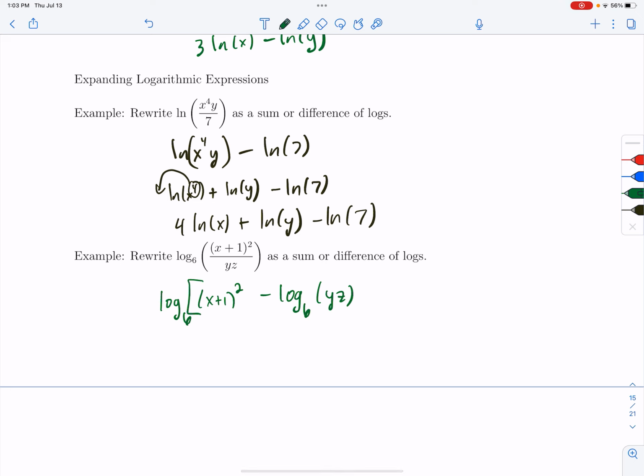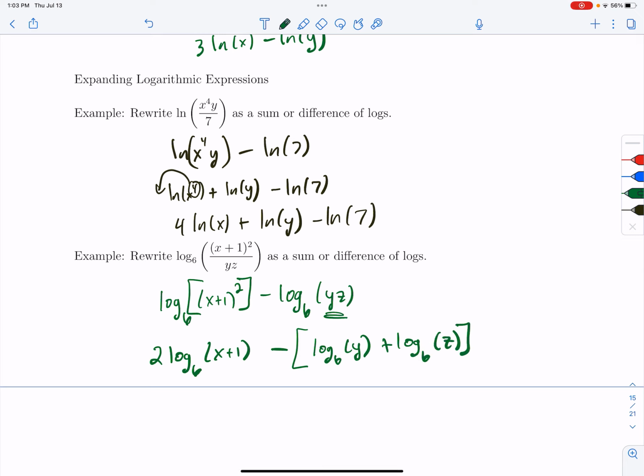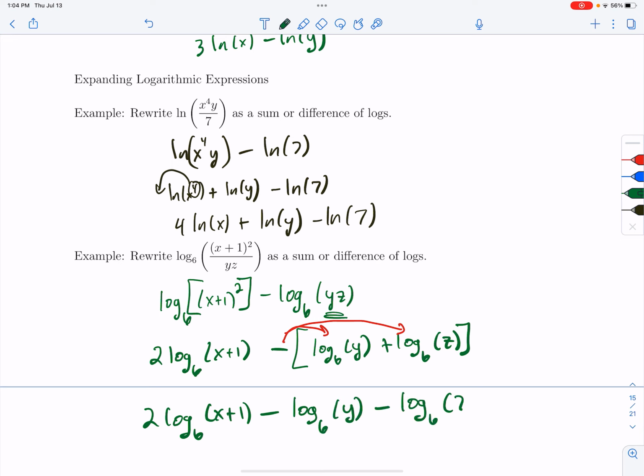Now, this squared is still inside this argument here, so the 2 can come in front. 2 log base 6 of x plus 1 minus, and I have this product here, so I'm going to write it in parentheses, log base 6 of y plus log base 6 of z. And like the one we saw above, we can distribute this. We don't have to, but I will. So 2 log base 6 of x plus 1 minus log base 6 of y minus log base 6 of z.